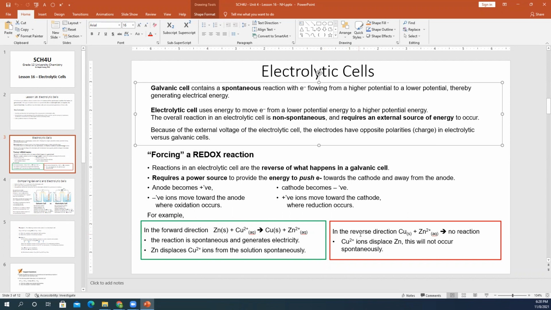But in the reverse direction, which is the situation you have in the electrolytic cells, you have copper atoms and zinc ions, and you won't get a reaction. The copper ions displace zinc. Displacing zinc is not a reaction that will occur spontaneously. You don't get a reaction. You need an input of energy to get the reaction to occur.